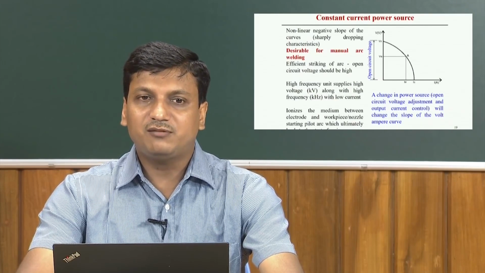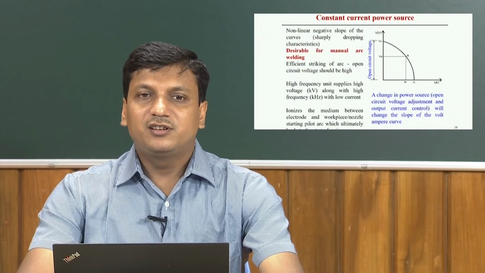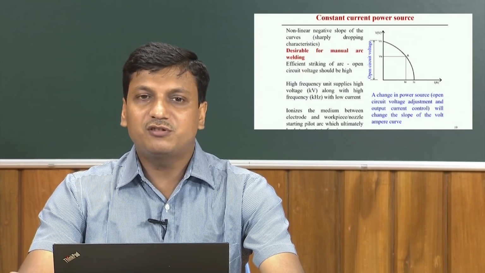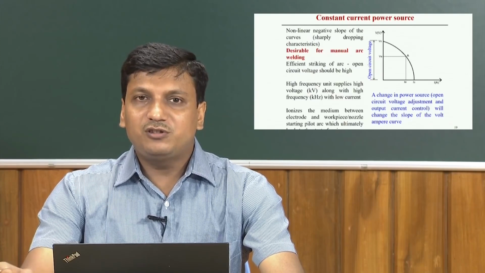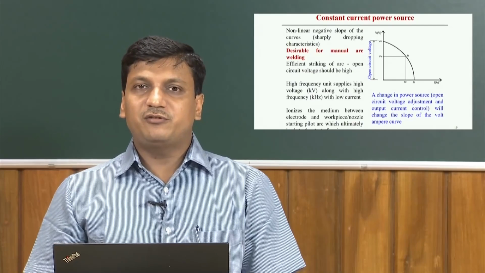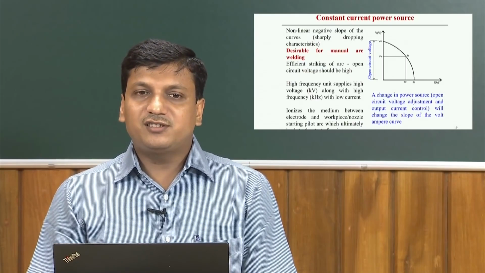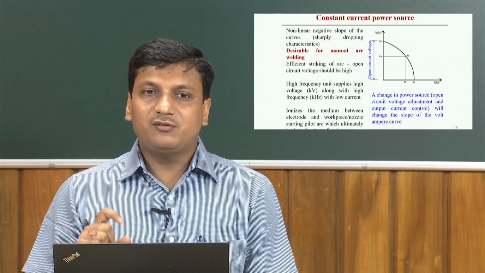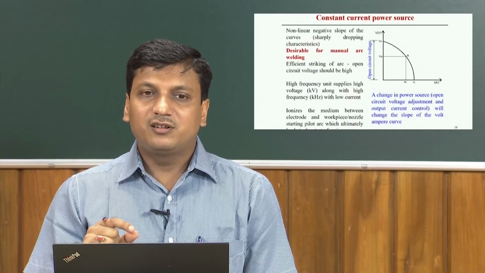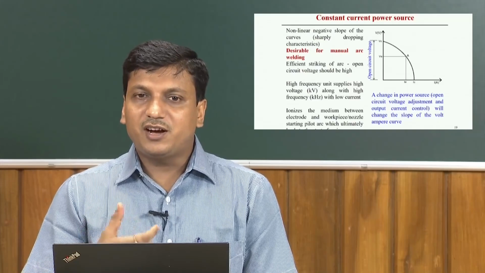Now, the high frequency unit supplies the high voltage along with the high frequency and low current. Initially, when you try to create the arc, it ionizes the medium between the electrode and the workpiece material, and that starts the pilot arc, which ultimately leads to the start of the main arc.